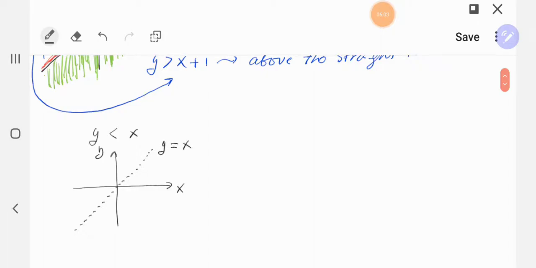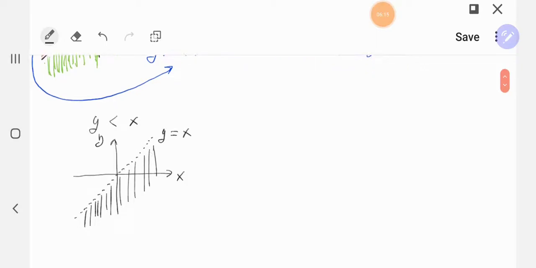I use a dotted line because if there's no equal sign, it's not included. Y is less than x, so it's gotta be below the line. So the graph is below the line, but the boundary, the straight line, is not included. Why? Because there's no equal sign. Then what?